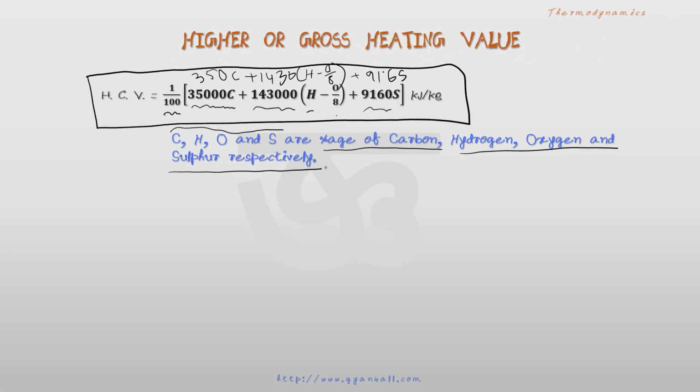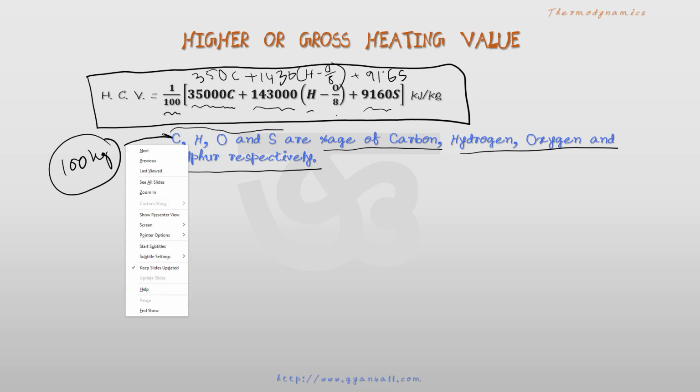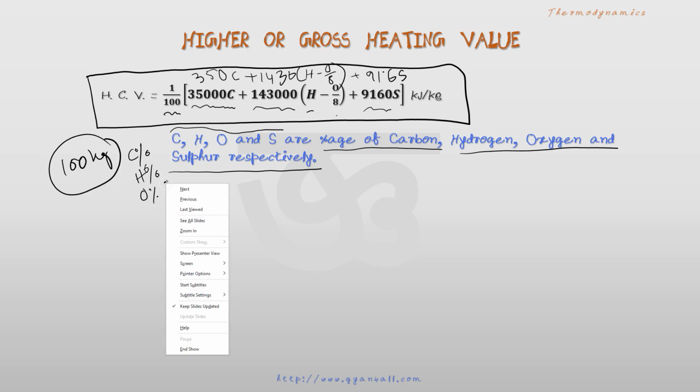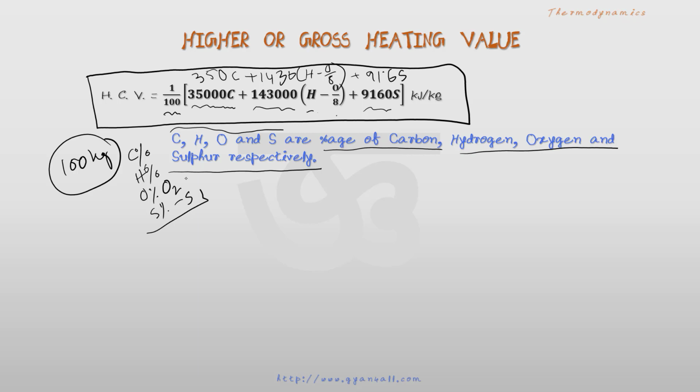What is C? That means the composition of the fuel. That means 1 kg of fuel. If we consider, say, 100 kg of fuel, C percentage is carbon, H percentage is hydrogen, O percent is oxygen, and S percent is sulfur present in it.